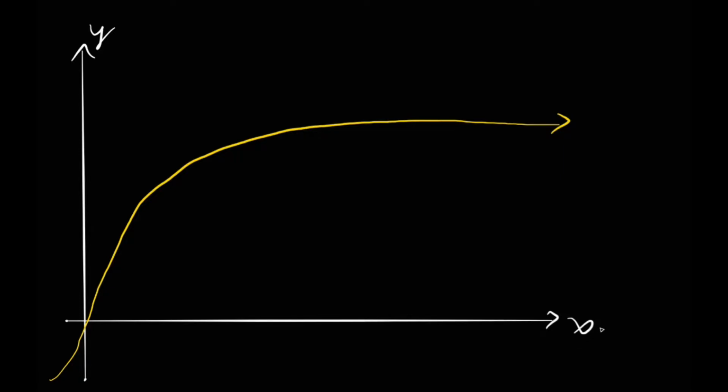Let me label our axes real quick. We had this function and we wanted to know what the value would be if we were to add up this function. Well, you may be asking, why would we actually want to do that? That doesn't make very much sense.